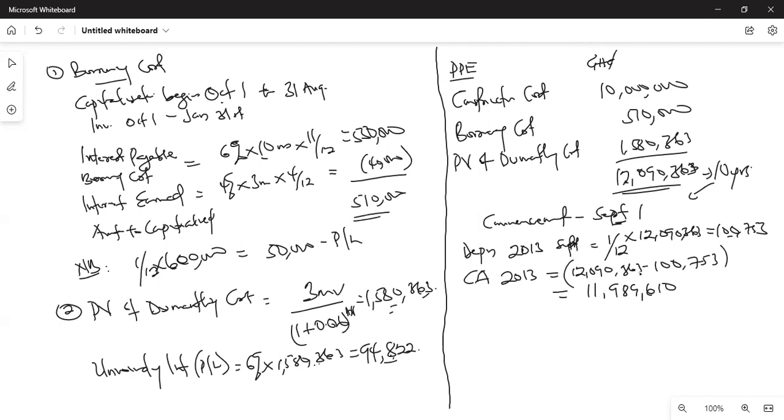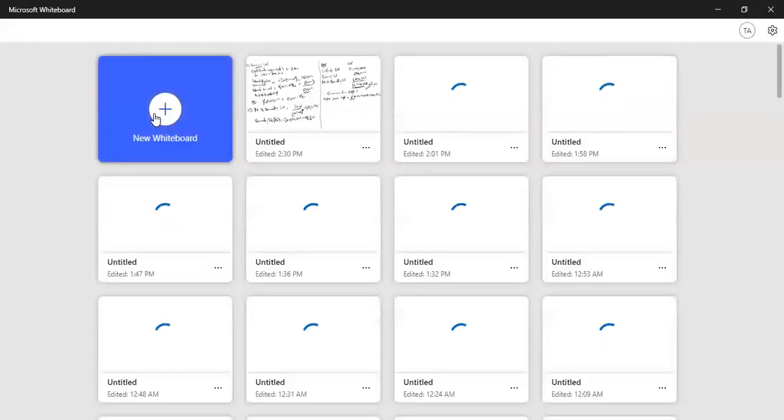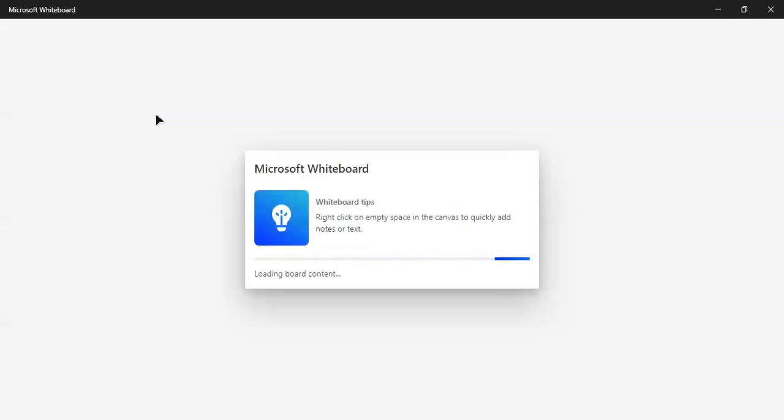All right, so that is that. If we want to prepare an extract for what we have done here, we need to go through here and probably present our P&L and bring our SOFP extracts.